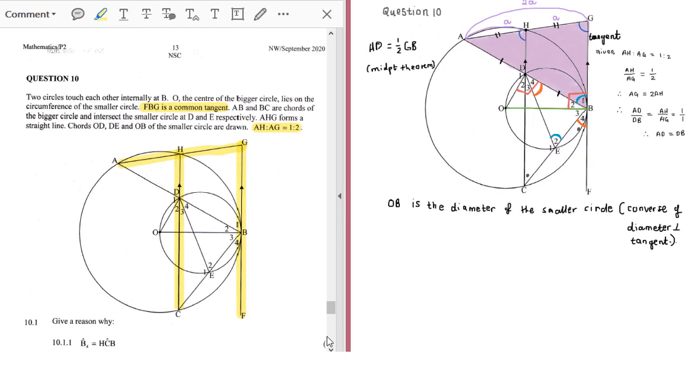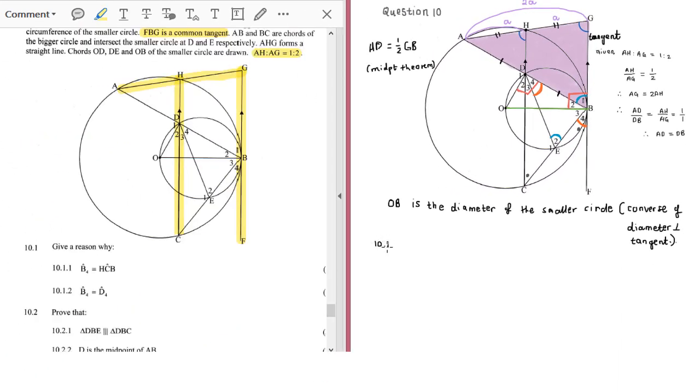Question 10.1 just says give a reason why the following angles are equal. In 10.1.1, we want to know why angle B4 equals angle HCB. Angle HCB is this angle over here.